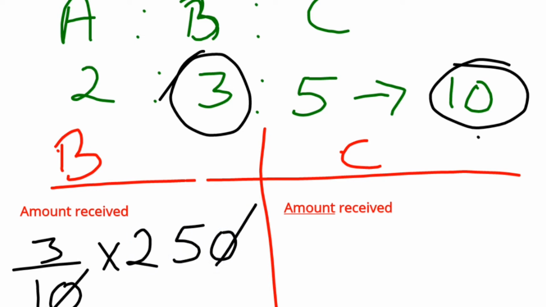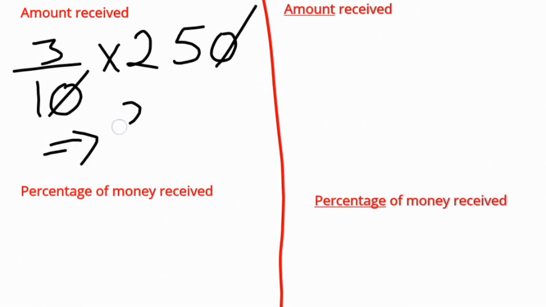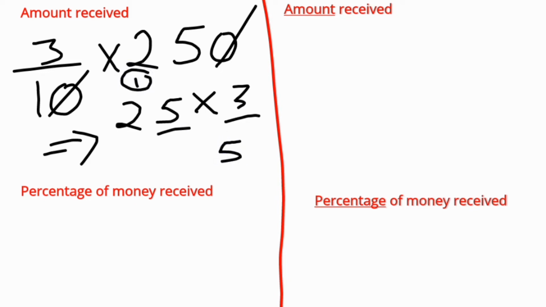So 0 cancelled by 0. Now you have to find the value of 25 into 3. 3 5s are 15, 1 carry, 3 2s are 6 plus 1, 7. 75 rupees is the share of amount that B is receiving.